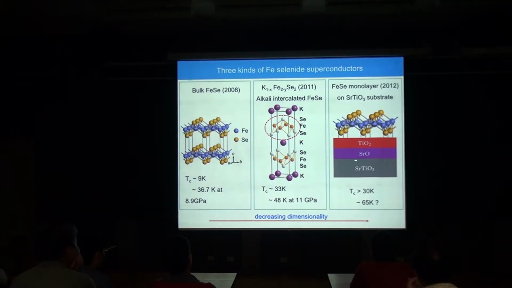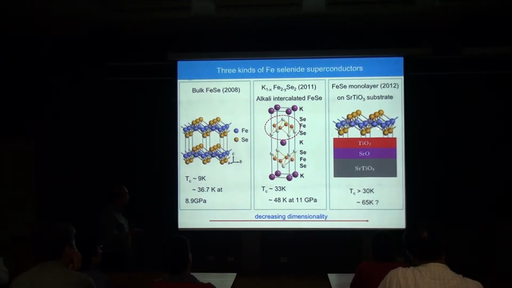And more exciting, or actually a puzzle, is that a Tsinghua group in Beijing used MBE to grow a single layer of iron selenide, 1 unit cell. They said that this can have a TC of about 30 Kelvin. In fact, using a scanning tunneling microscope to look at the spectrum, they declared there is a superconducting energy gap as high as 65 Kelvin.